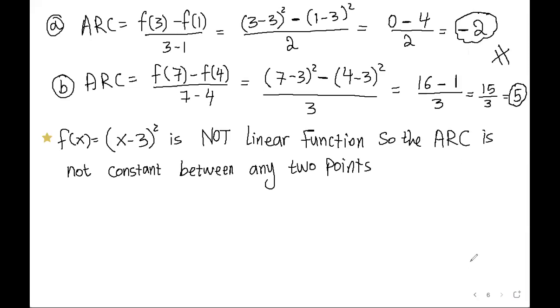Because maybe the average rate of change between the first 2 points and the second 2 points gives the same number, but for the third one it doesn't. So if the third one doesn't give the same average rate of change, this means the function is not linear.